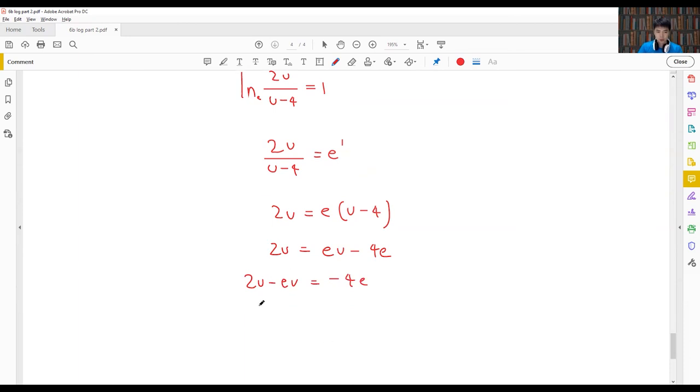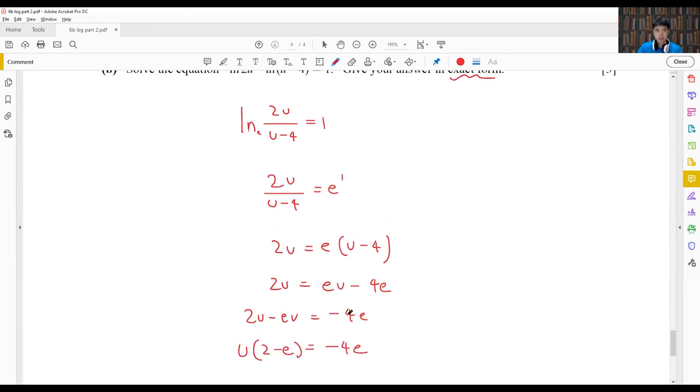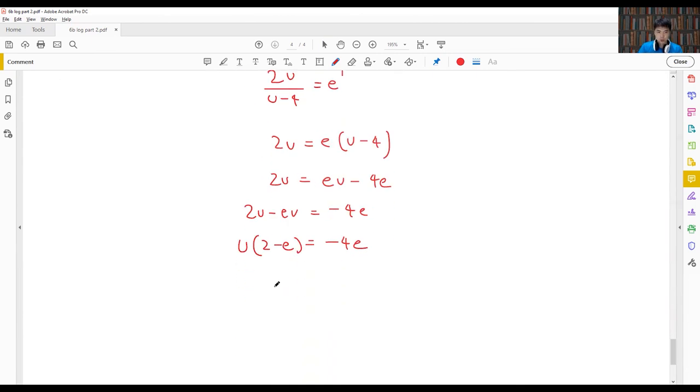Factorize out your u: u bracket 2 minus e is equals to negative 4e. And finally, solve the value for u. You would have gotten u equals to negative 4e over 2 minus e. And this will be your exact form.